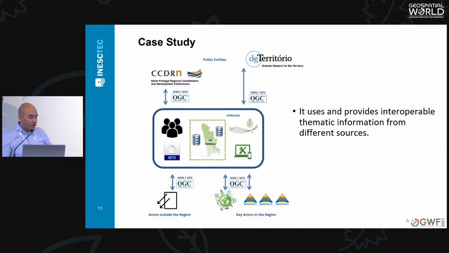You can see in the bottom, we interoperate information with key actors in the region, for instance, municipalities or other entities that create information that could be relevant to this infrastructure.